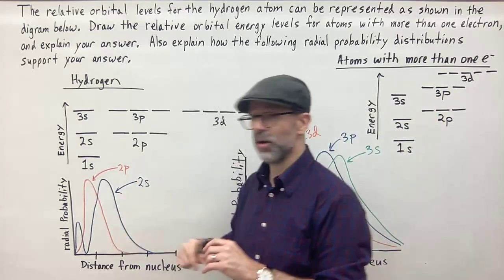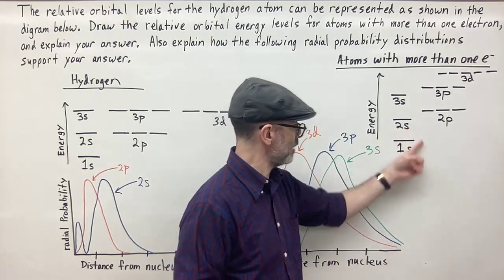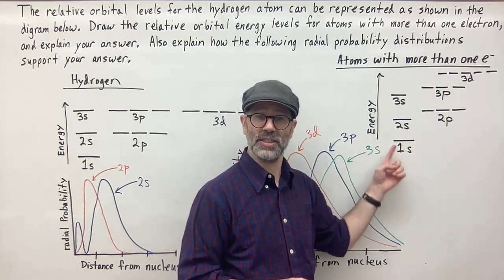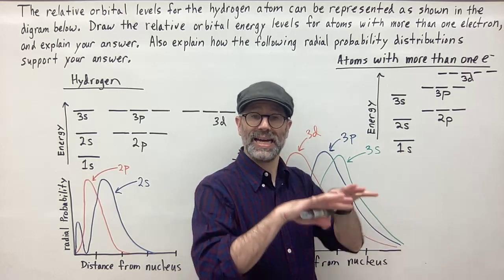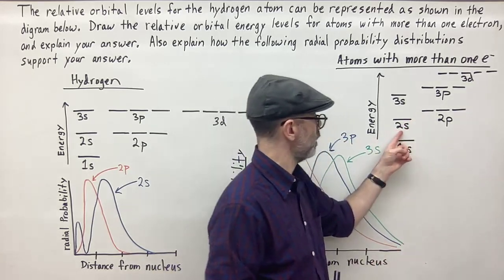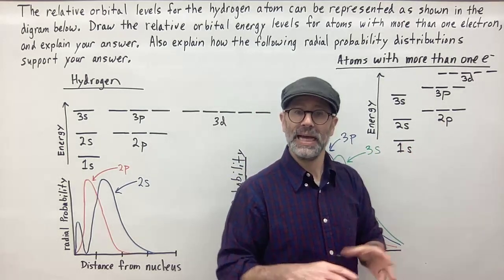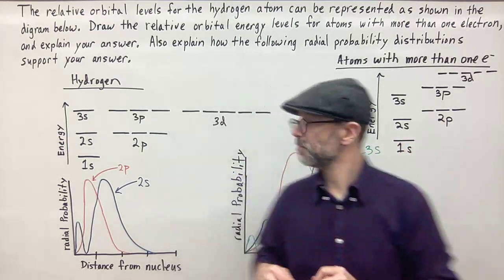So remember, the electrons in the 1s orbital are kind of shielding the nucleus. The 2s and the 2p can penetrate past that shielding and get closer to the nucleus.